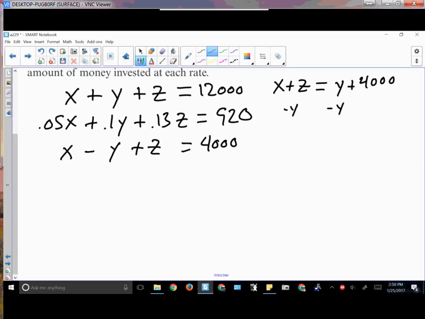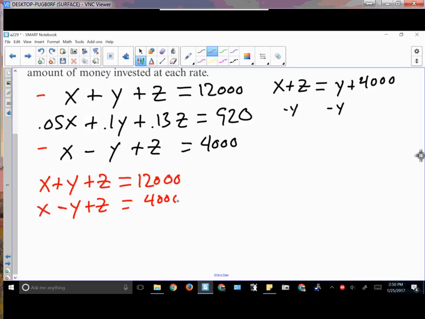So, if I take these two first, that means I have x plus y plus z is equal to 12,000, and x minus y plus z is equal to 4,000. That means that 2x, y's disappeared, plus 2z is equal to 16,000. Does that track?